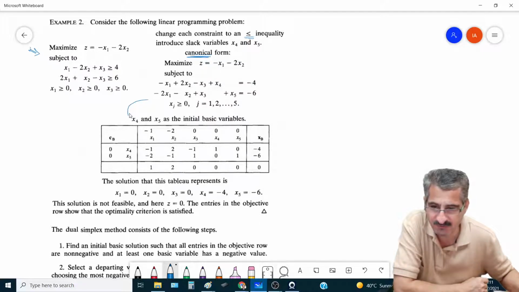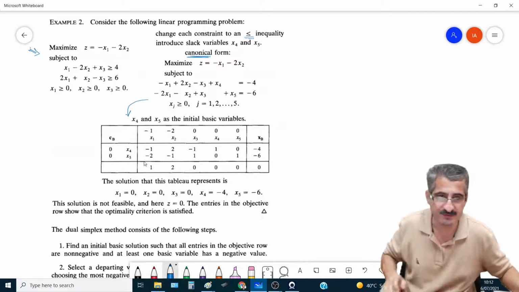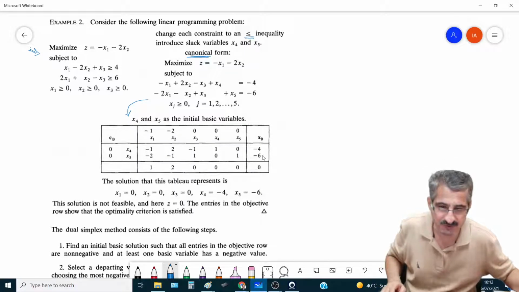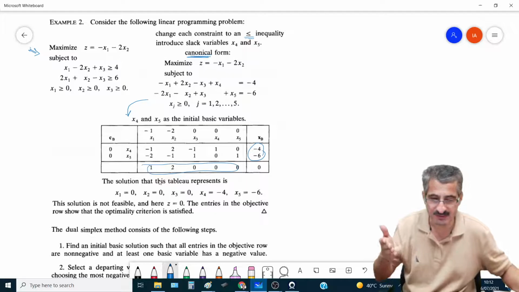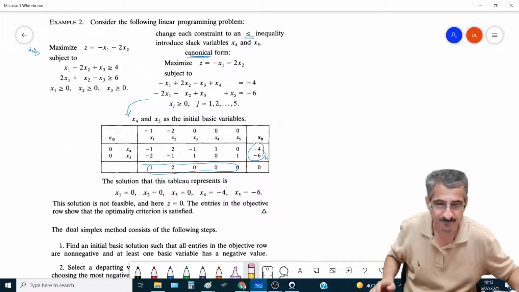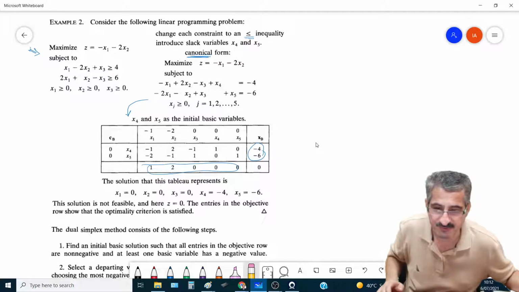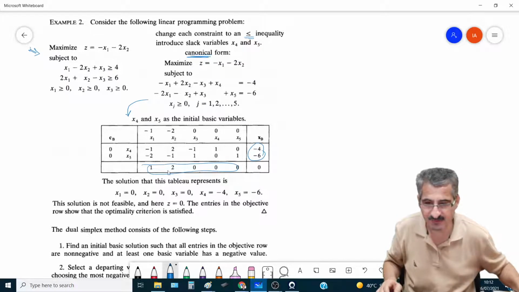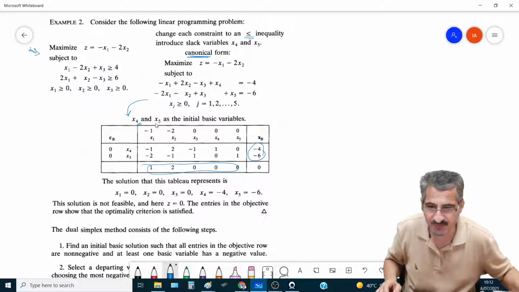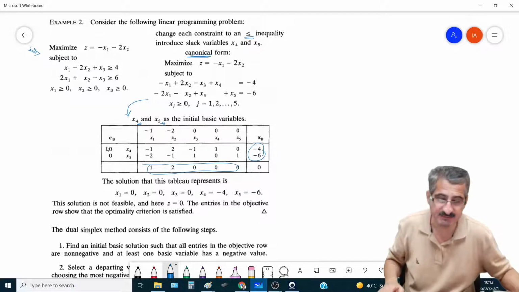Now make the table of that canonical form, we get this. Good. Now notice here we have negative values and here non-negative values. So this is the case where we use the dual simplex method. And notice here that we have x4 and x5 as initial basic variables.